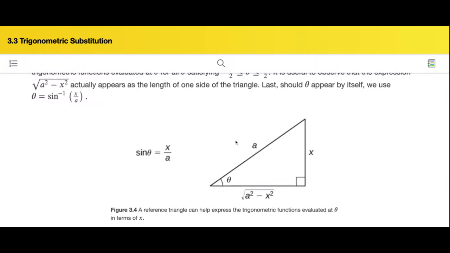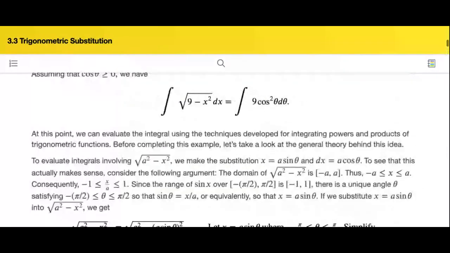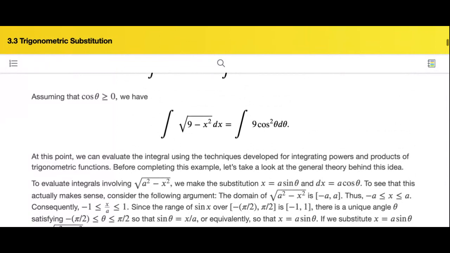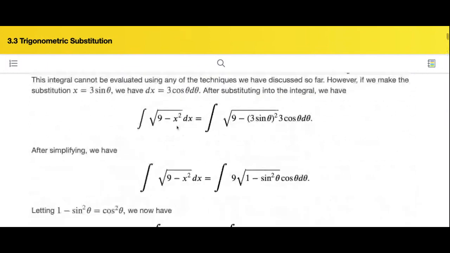So just from this, we get a right triangle. The hypotenuse is 3. One leg is x. Square root of 9 minus x squared is just the length of the other leg. So how do we write this one?